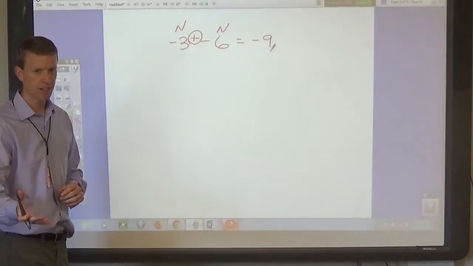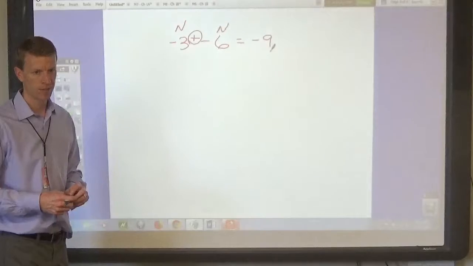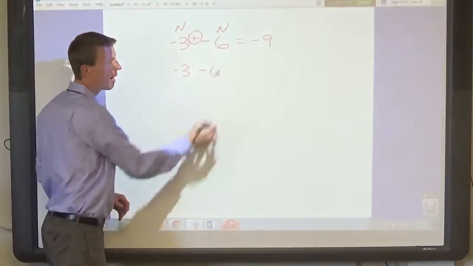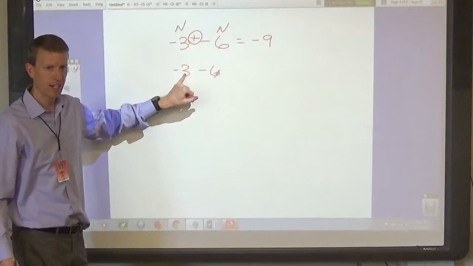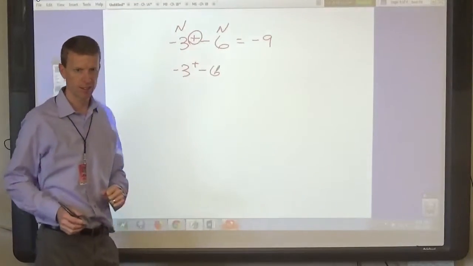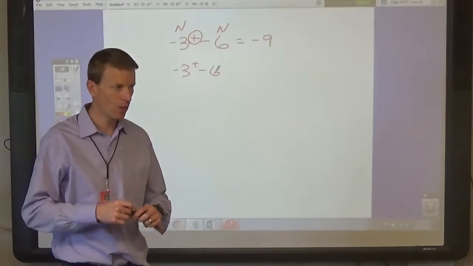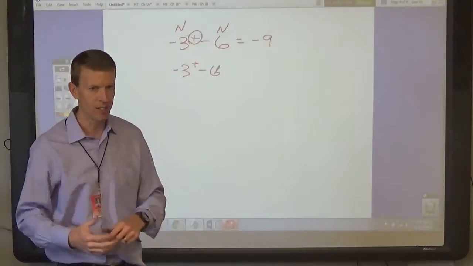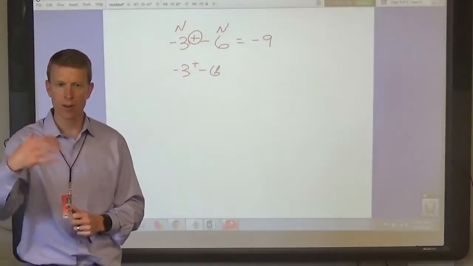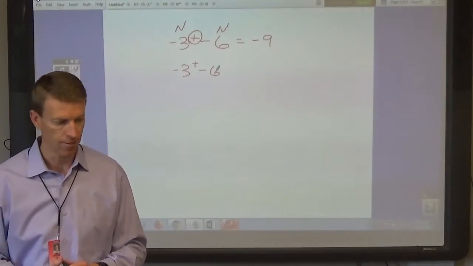Subtraction is just adding negative. Negative 3 minus 6 is really adding a negative 6. You're no longer doing subtraction like you did before. What you're doing is adding negative, and that's how you have to think going forward when you're doing algebra.